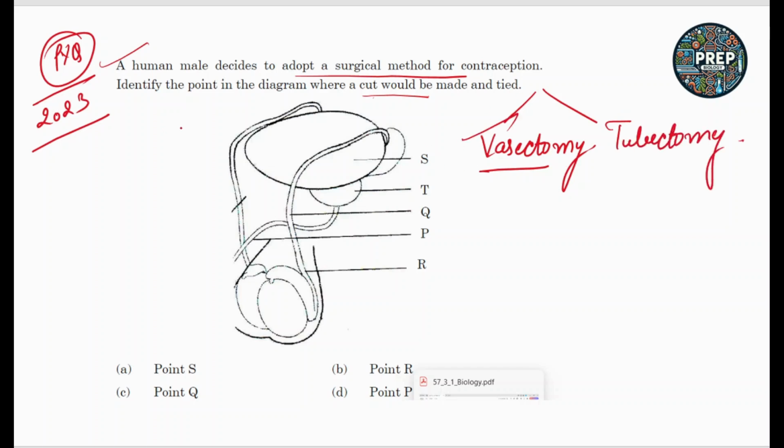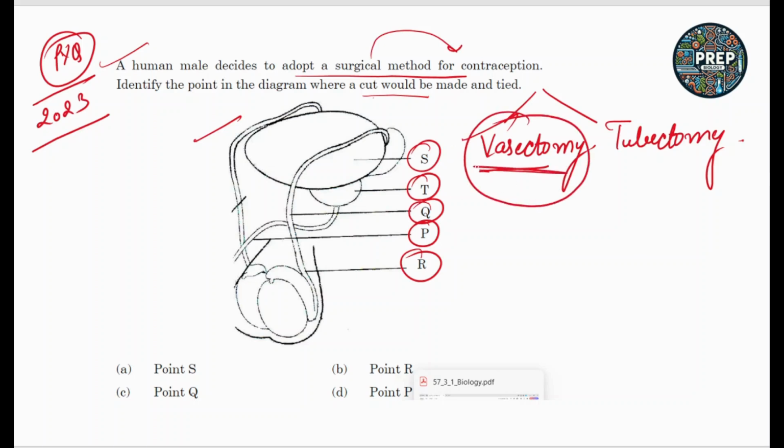In this case you have a male reproductive system, and you have to find at which point the cut would be made. That is vasectomy, so the cut would be made in the vas deferens. Where the vas deferens is, the answer is point Q.